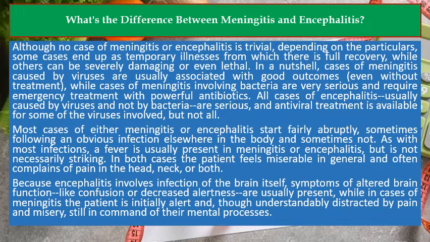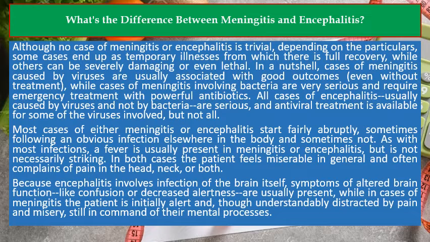Most cases of either meningitis or encephalitis start fairly abruptly, sometimes following an obvious infection elsewhere in the body and sometimes not. As with most infections, a fever is usually present in meningitis or encephalitis, but is not necessarily striking. In both cases the patient feels miserable in general and often complains of pain in the head, neck, or both.